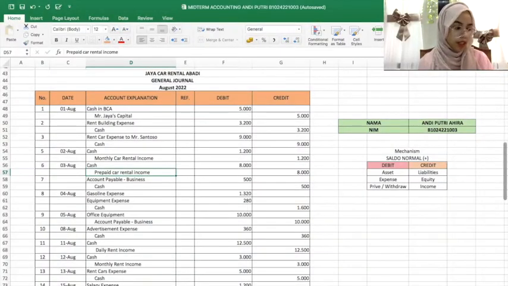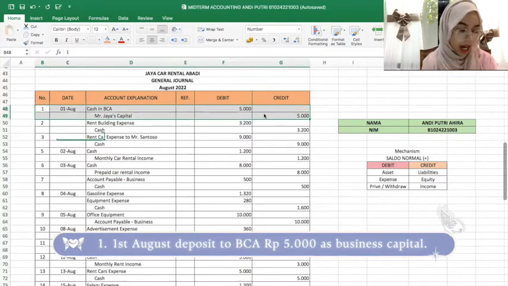I already did the general journal in point 2 into the table in Excel. I would like to explain to you why it is on a debit side and why it is on a credit side. Starting off with the first transaction, 1st August, deposit to BCA for 5,000 rupiah as business capital.